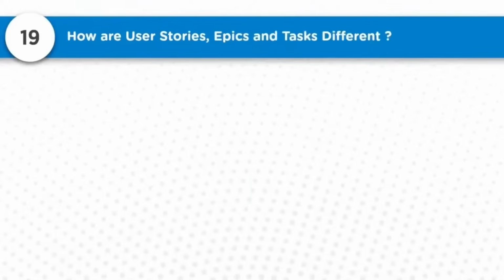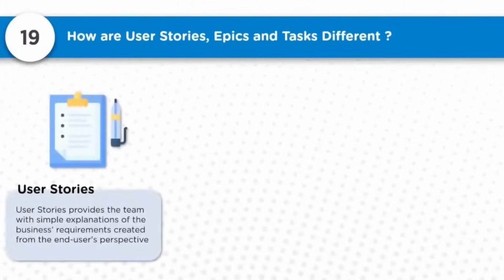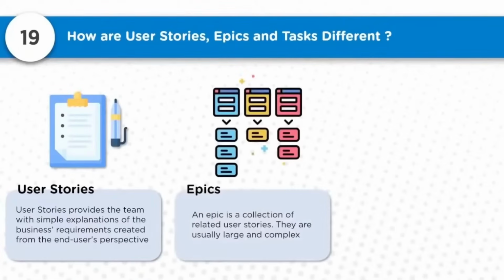Next question, how are user stories, epics, and tasks different? User stories provide the team with a simple explanation of business requirements created from the end user perspective, as we saw in the examples in the previous questions. Epics are collections of related user stories. They're usually large and complex. These epics are created with specific objectives in mind, and user stories are grouped, so that will form an epic.